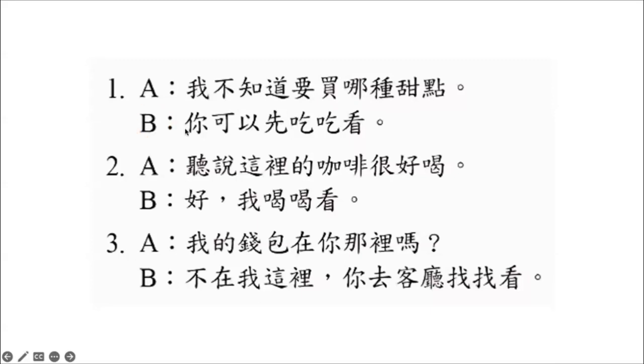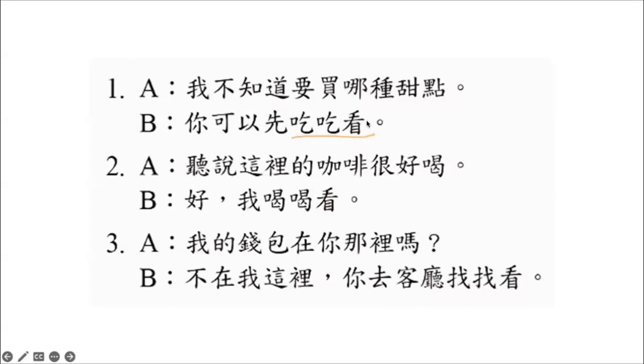So B says, 你可以先吃吃看。You can eat the samples first. Try to do the action of eating the samples, try and get the taste after eating, and then you can know which one you would like to buy. Do the first try to get some experience from the trial.